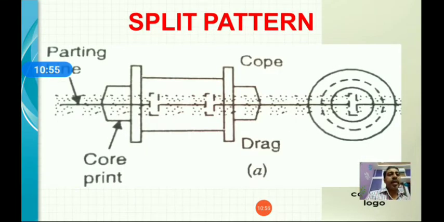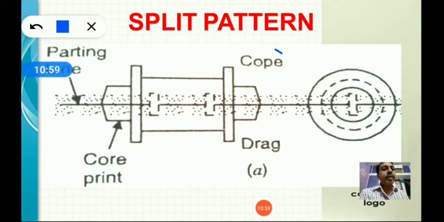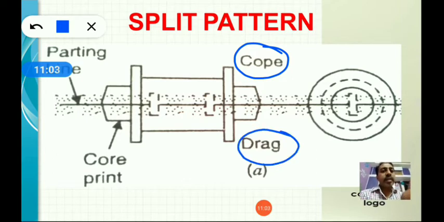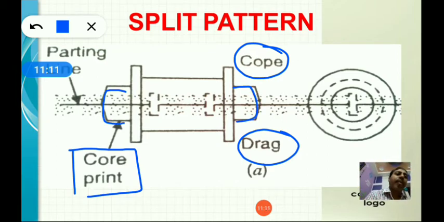One half is called the cope and another half is called the drag. As we discussed in the previous slides, this is called the core print, the projected part of the pattern.